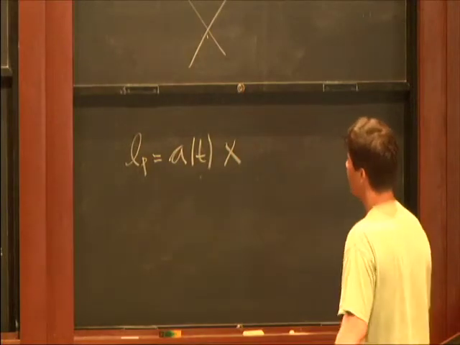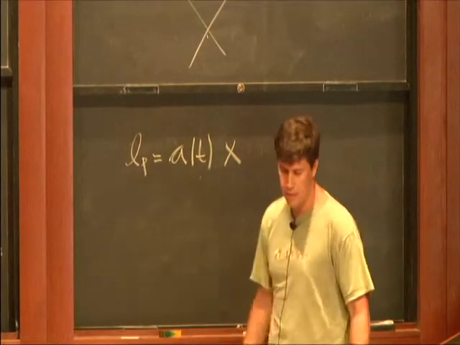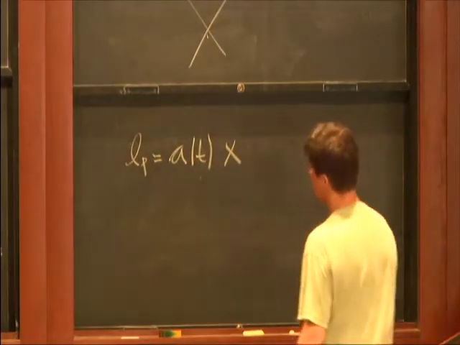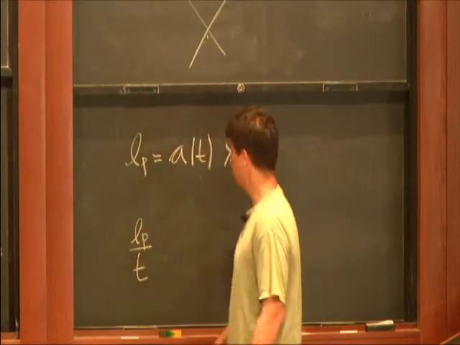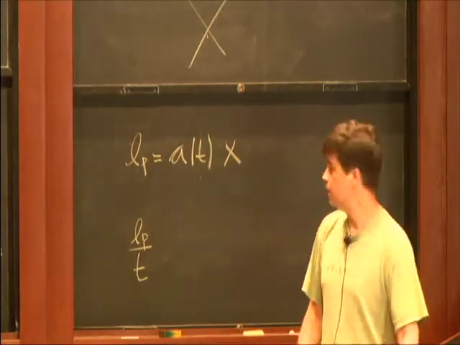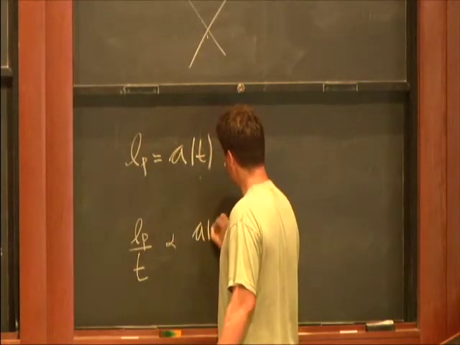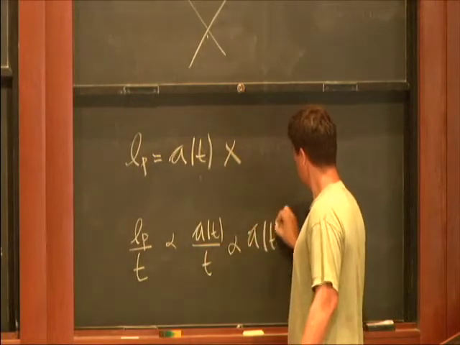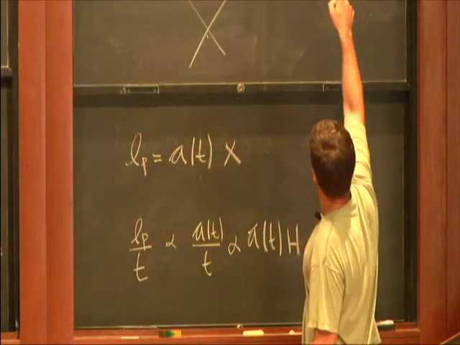But if you compare this not with the physical distance, but with the age of the universe at a given time, so if you do this physical distance divided by time, how separated they are in units of the age of the universe, well, this is just proportional to a of t divided by t, or equivalently a of t times the Hubble constant. This thing is nothing other than the inverse of the conformal time.